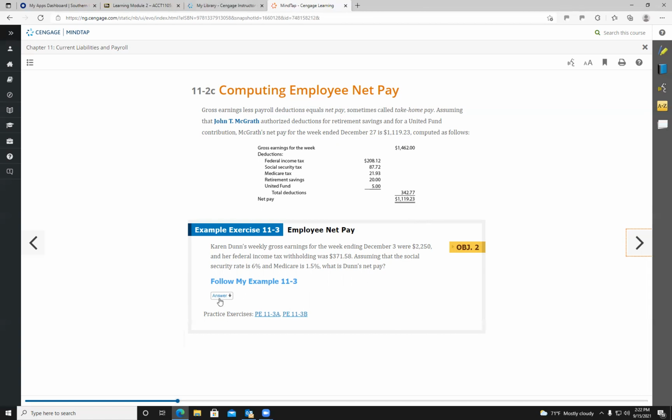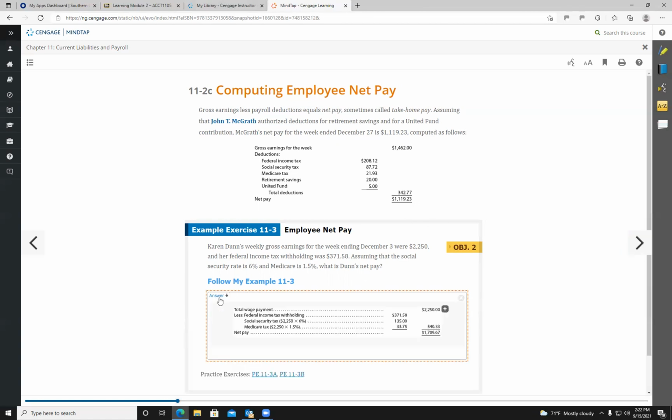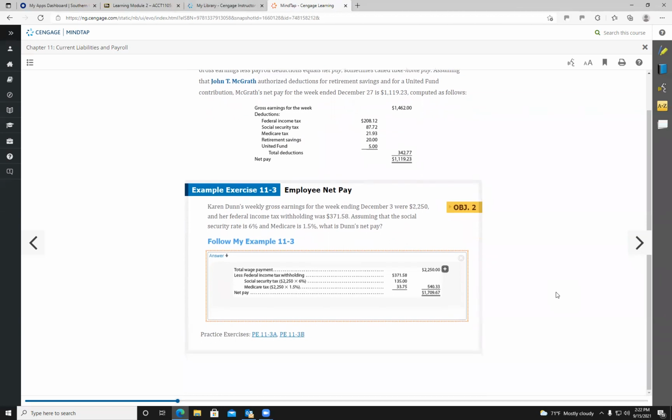Let's do an example. All right, so Karen, we're going to talk about Karen again. Her gross earnings for the week of December 3rd were $2,250. It says here her federal income tax withholding was $371.58, assuming the Social Security rate is 6% and Medicare is 1.5%. What is Karen's net pay? So we went ahead and took out her federal income tax withholding because we calculated that in the previous example, right?